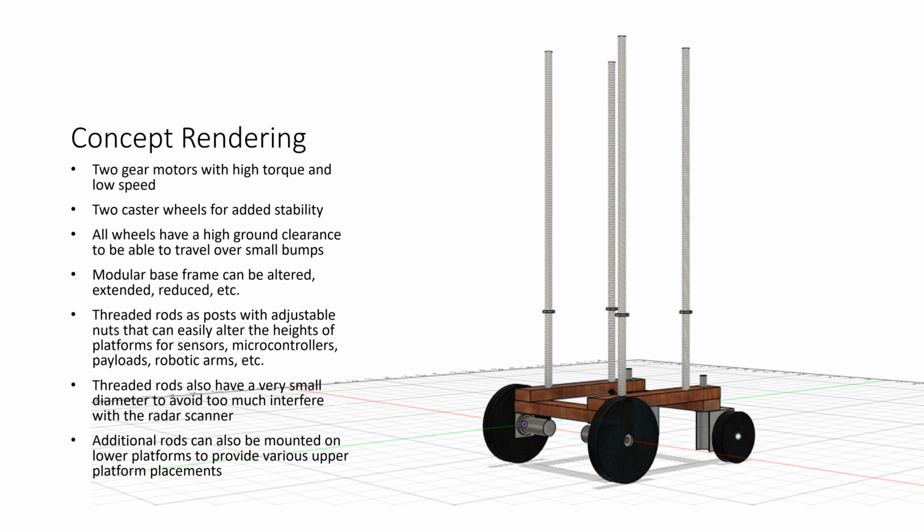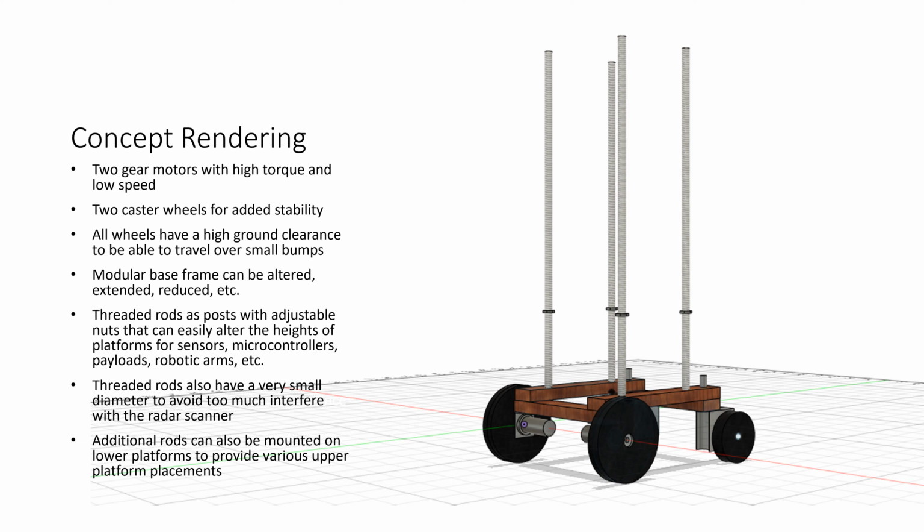The threaded nuts also have a very small diameter, which avoids too much interference with the radar scanner that I plan on installing for this robot to have localization and navigation capabilities with radar. Then I can even have additional rods that can also be mounted on lower platforms to provide various upper platform placements. So this is a very adjustable method that I am using, and it's actually very cheap.